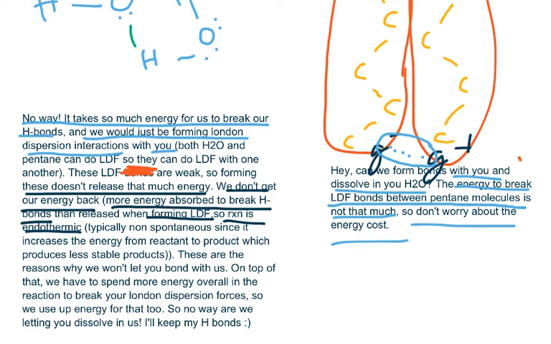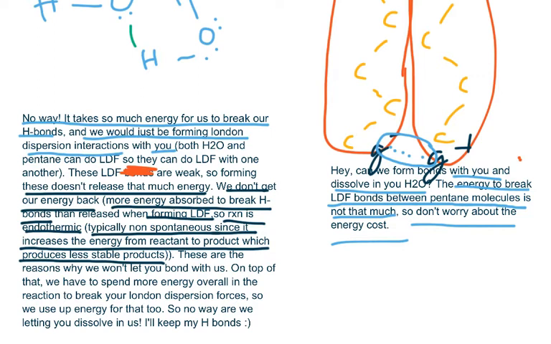And endothermic reactions are the opposite of exothermic reactions, and because it is the opposite, then endothermic reactions are typically, but not always, non-spontaneous, since it increases the energy from reactant to product, and this produces a less stable product since the product has higher energy than before.